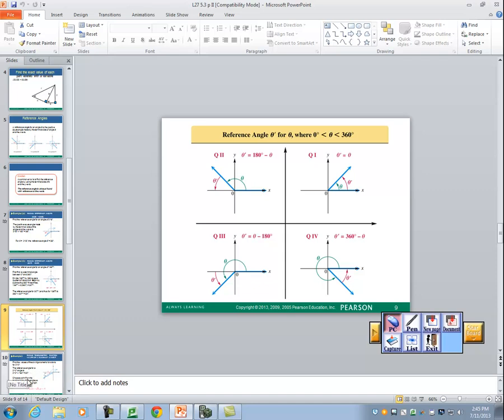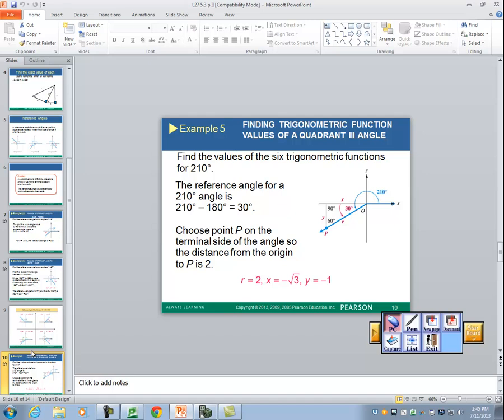Okay, so find the values of the 6 trigonometric functions for 210. So here we draw it out. Here's 210. We subtract 210 from 180 to get our reference angle, and we see that it's 30 degrees.